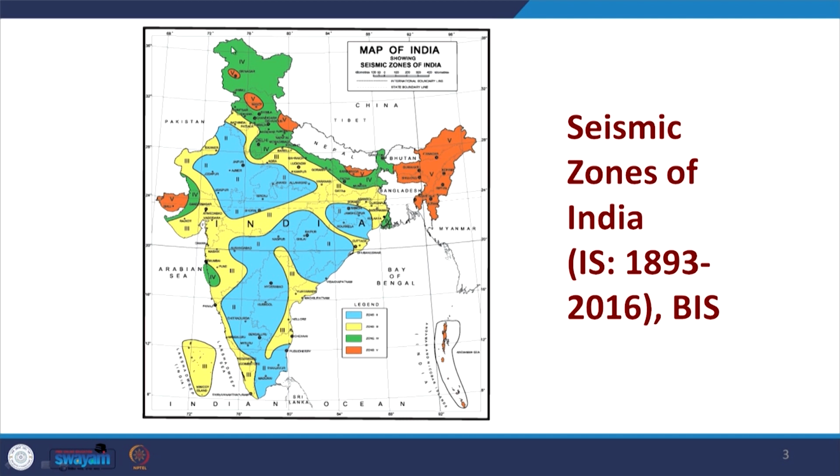The Uttarakhand state, where Roorkee is situated, is also lying in zone 4 and zone 5, and if you see Gujarat, there are zone 4, 5 and zone 3rd also. All of the Andaman and Nicobar islands are lying in zone 5. So, there is no doubt that the country is seismically very active, and we need to take care of earthquake loads while designing the foundation, and that is the prime objective of this course.